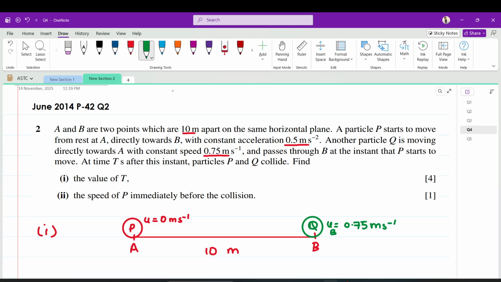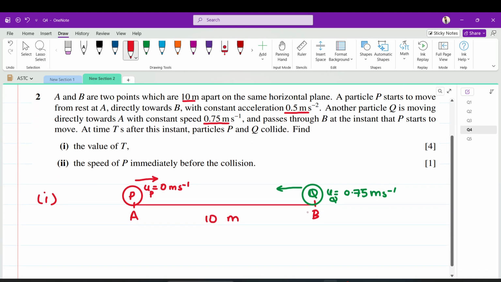So this is uQ, and this is uP. Particle Q is moving towards A, and on the other hand, particle P is moving towards B. So both the particles are moving directly towards each other. That is the initial situation.